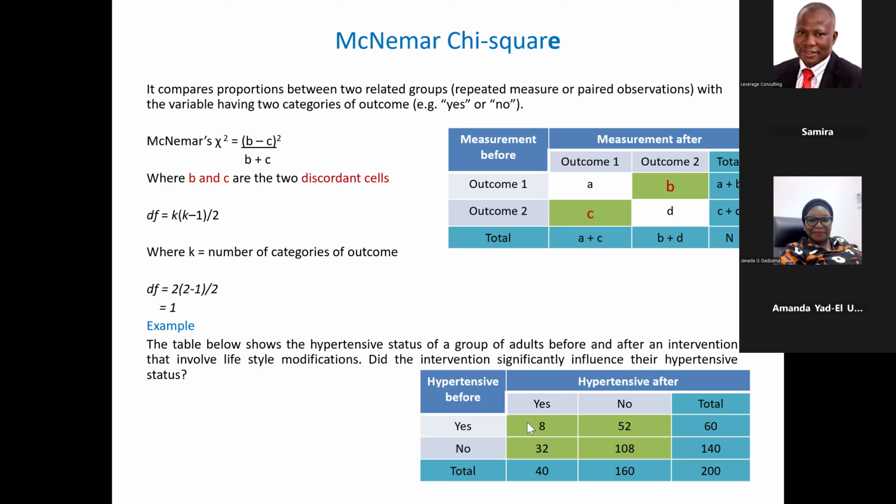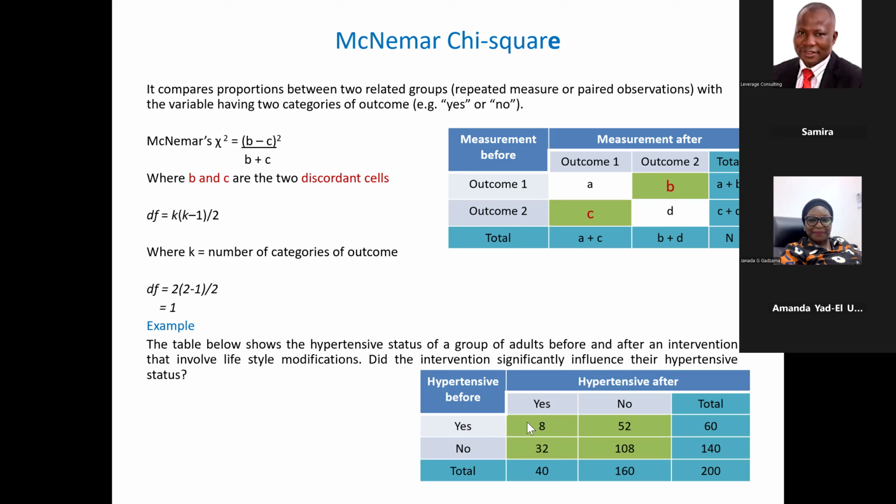So there are 4 cells now: the one that has 8, the one that has 52, the one that has 32, the one that has 108. In a 2 by 2 table, we call them A, B, C, D. A is 8 here, B is 52, C is 32, and D is 108.